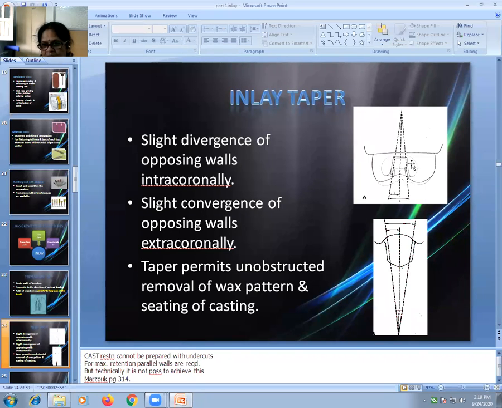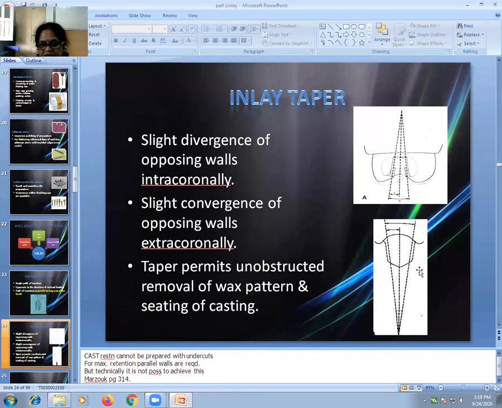You are seeing that as I was telling. So towards the occlusal side it is wider than towards the center. Here you can see this. There is a slight convergence of the opposite walls extracoronally. There is a convergence.